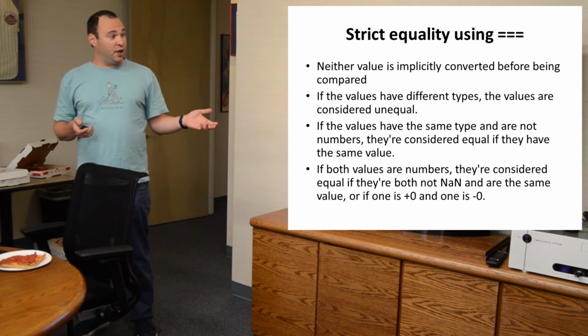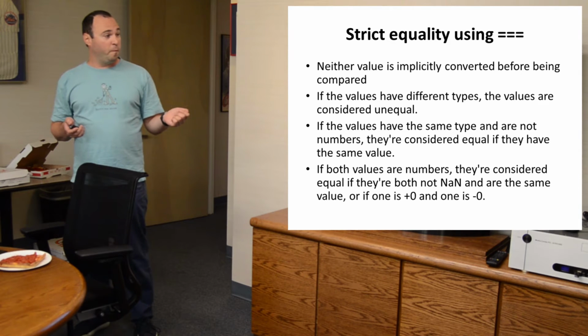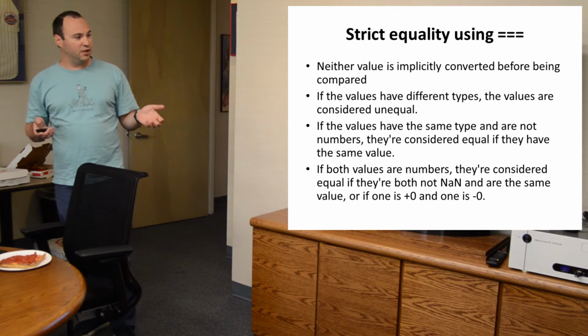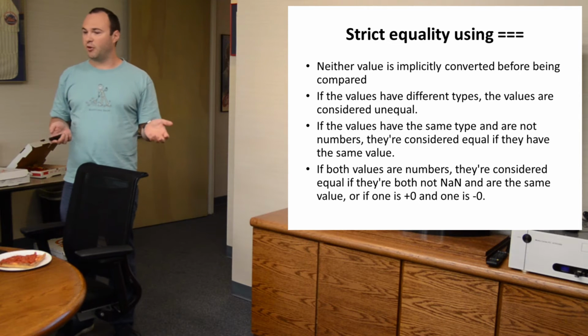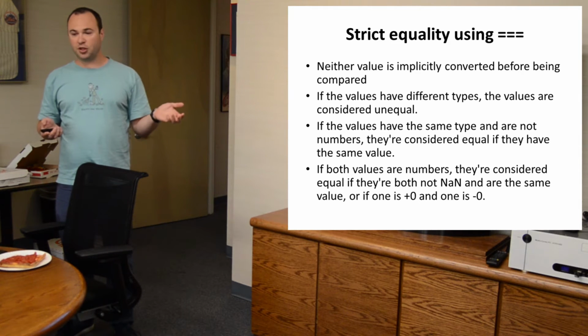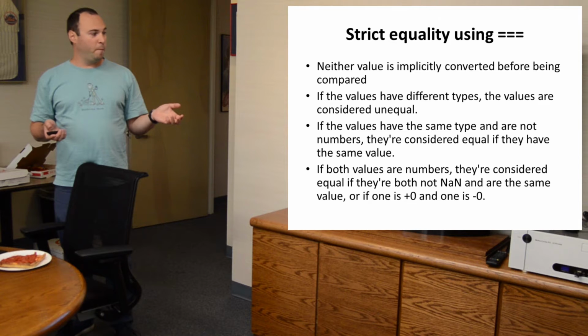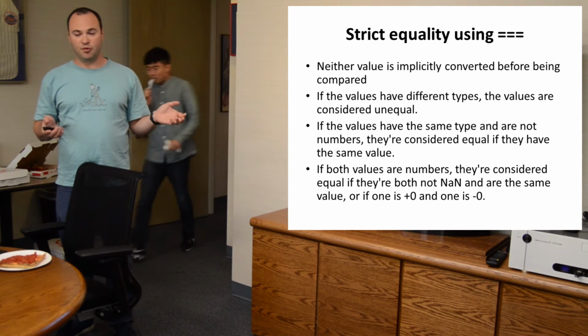So strict equality using the triple equals, basically the concept is that there is no conversion happening when you're using the triple equals, which is different from loose equality.